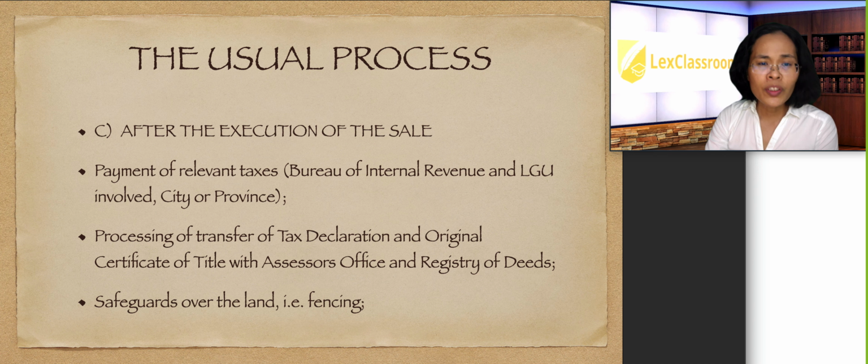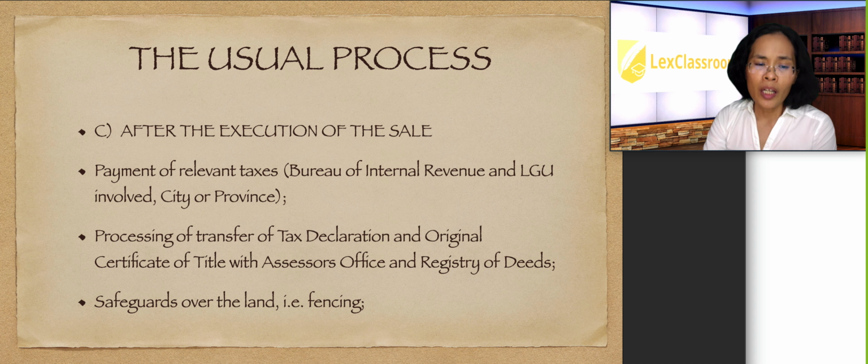Now, after the execution of the contract of sale, you have to pay the relevant taxes, and you have to know the deadline. And I will allot a specific lesson on taxes attached to acquisition of property, or the sale of a property, especially if the same is considered as a capital or ordinary asset.